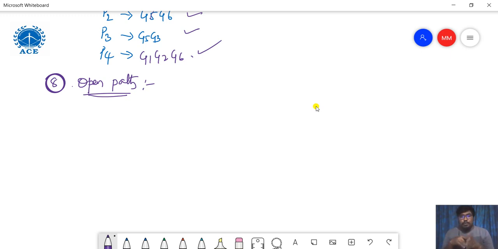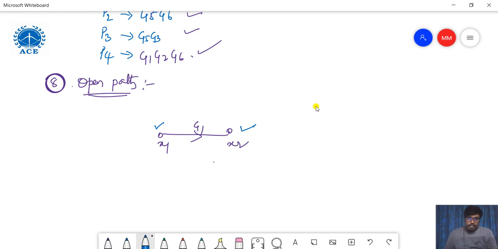For example, x1 and x2, two nodes connected together with a branch, say G1. Now a path starting from node x1 and terminating at x2 is called an open path.